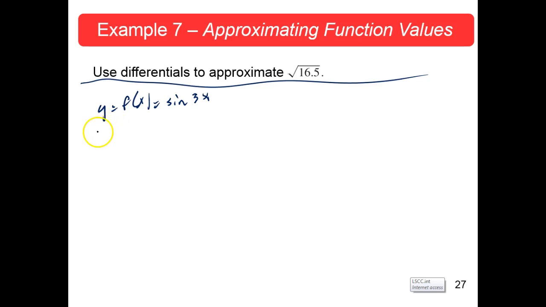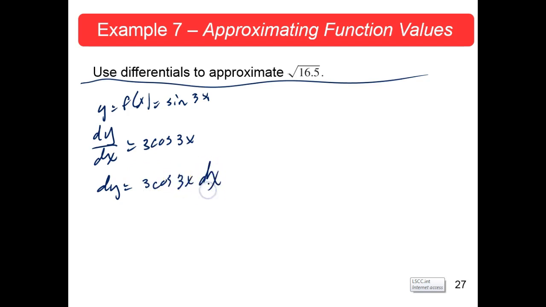Wouldn't you first take the derivative? dy dx is equal to cosine 3x times 3. Okay? So then your dy would be 3 cosine 3x dx. Yeah, that's it.